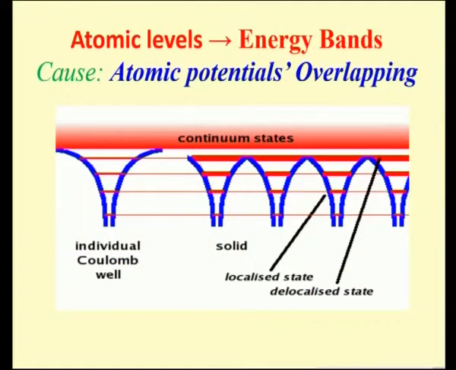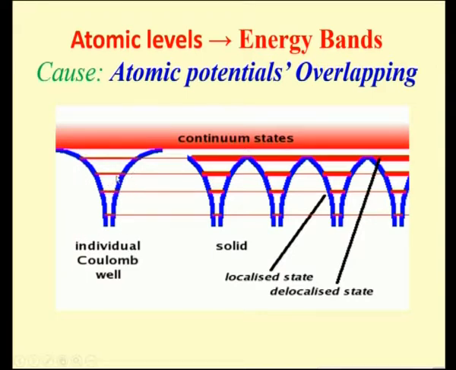Now, how the energy bands are formed in a solid is outlined here. The solids are actually a collection of atoms either in a periodic manner or in a non-periodic or random manner. For an atom we have studied the electronic structure and electronic energy levels, schematically represented here in a Coulombic potential well.